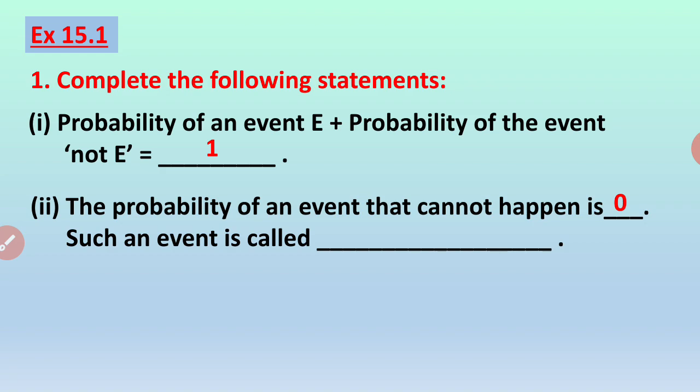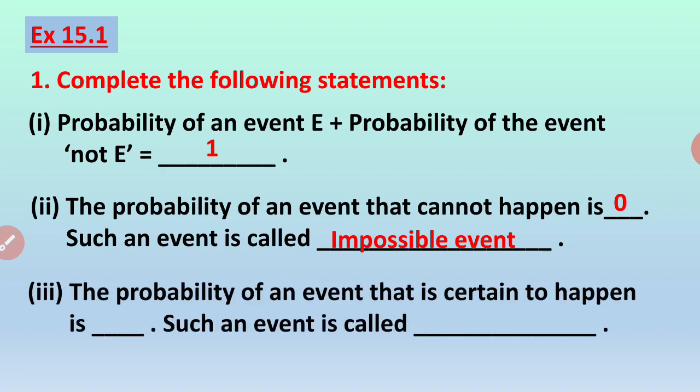Here, if the event is not happening, its probability will be 0. Such an event is called an impossible event. That is the name given. Next, the probability of an event that is certain to happen is always 1, and it is called a sure event.